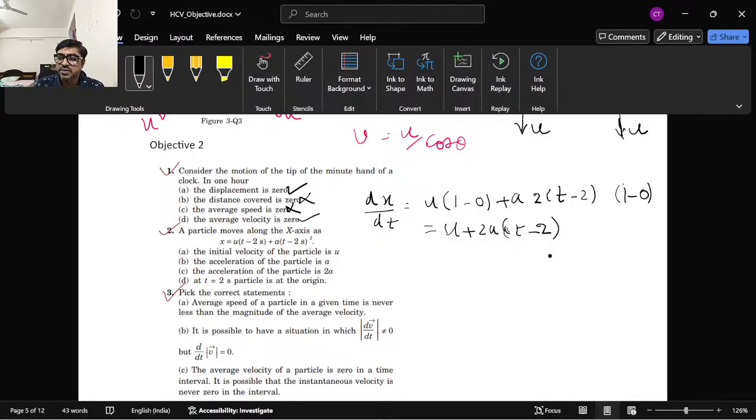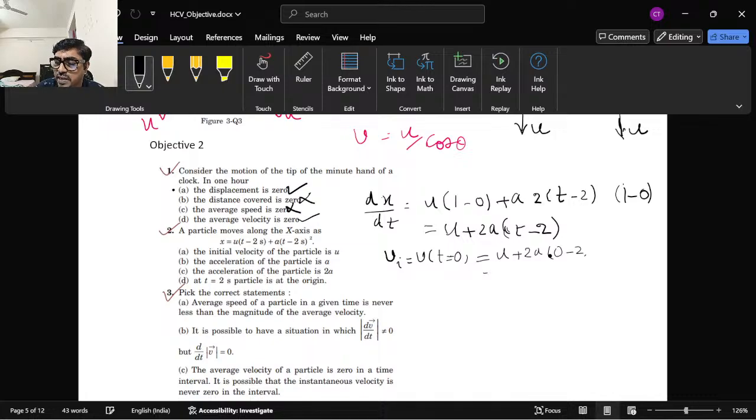This is what I am getting. Now they are asking you to find the initial velocity. Initial velocity meaning put t equal to 0. Velocity at t equal to 0 is called initial velocity. So what am I getting? You will get u plus 2a into (0 - 2).